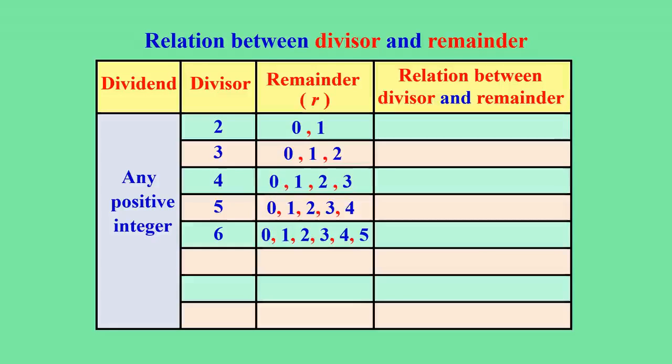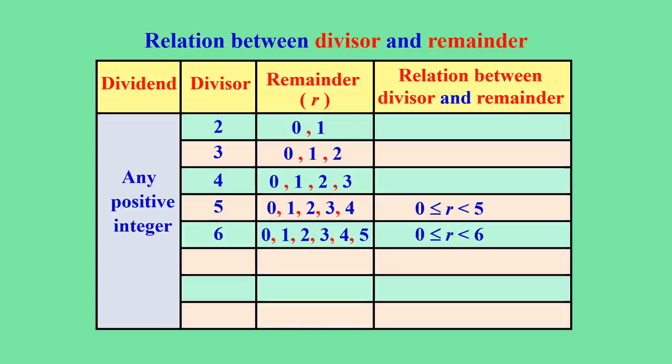Now here we can establish a relation between divisor and remainder. If 6 is the divisor, then the relation between 6 and the remainders is 0 less than or equal to remainder less than 6. If 5 is the divisor, the relation is 0 less than or equal to remainder less than 5.